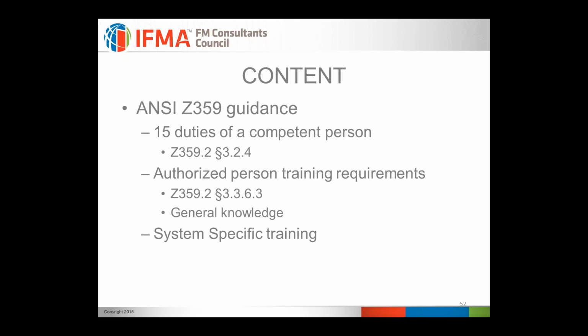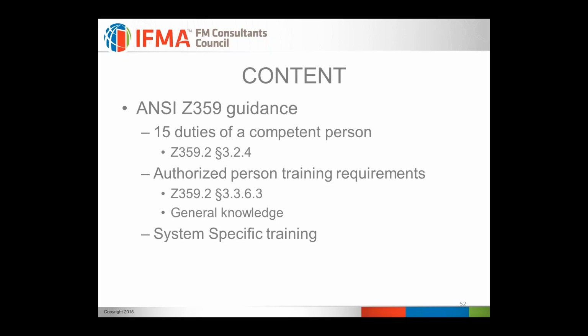Here again, we have to go back to the ANSI Z359 standard to get the best guidance, because OSHA just doesn't say a lot about what a competent person does, whereas the ANSI standard lists specifically 15 different duties of a competent person. You can see the reference to the standard right there.